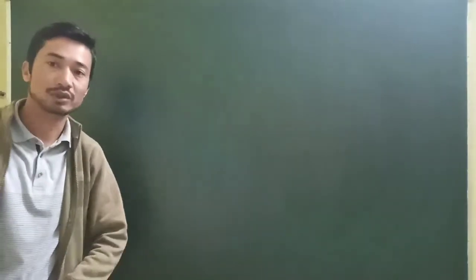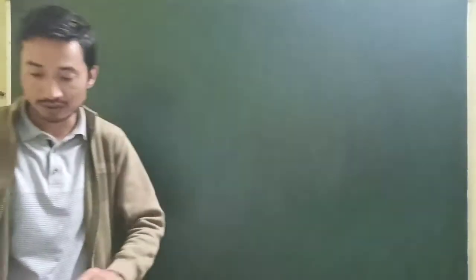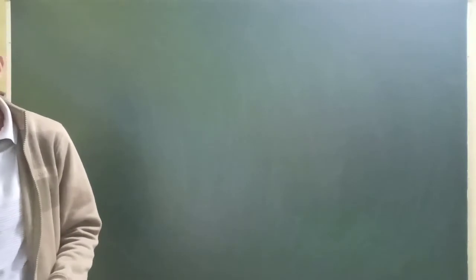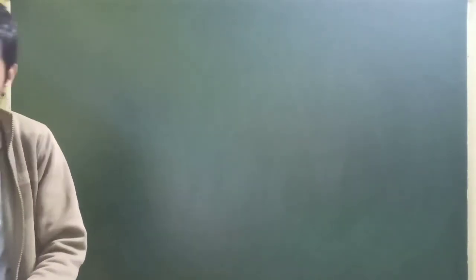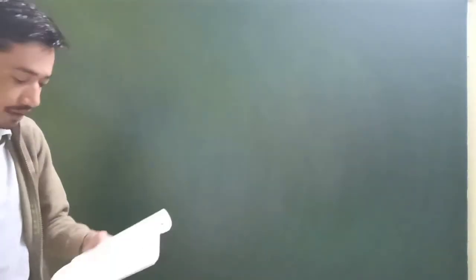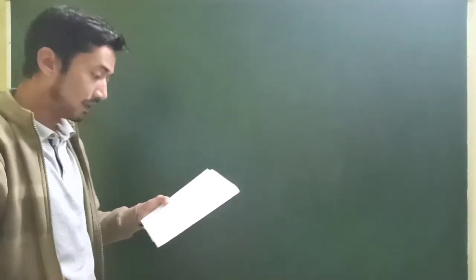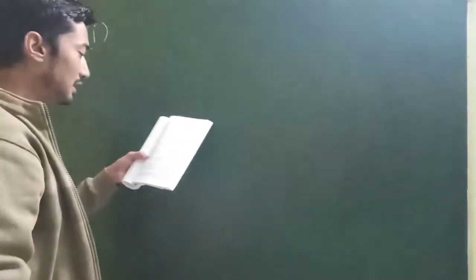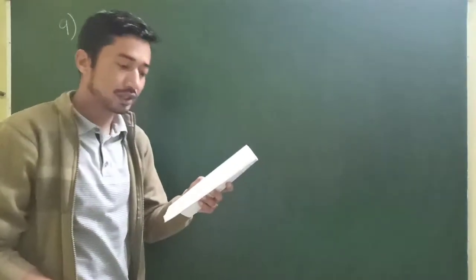So question number 9. I believe all of you have brought your textbooks along with you. This is from the NCERT textbook only, so I'll just dictate. This is question number 9. The first question is: find the lateral or curved surface area of a closed cylindrical petrol storage tank.